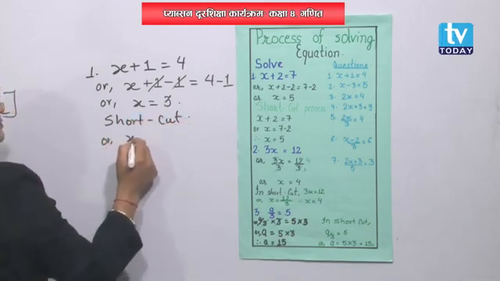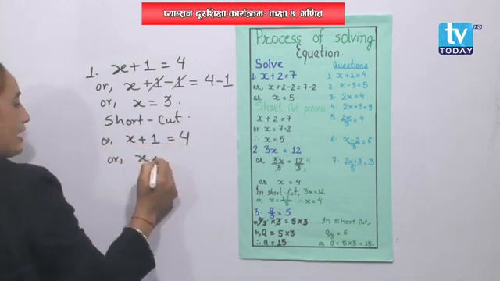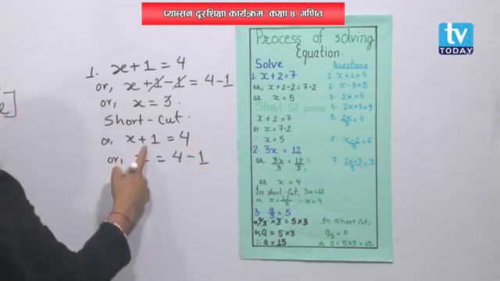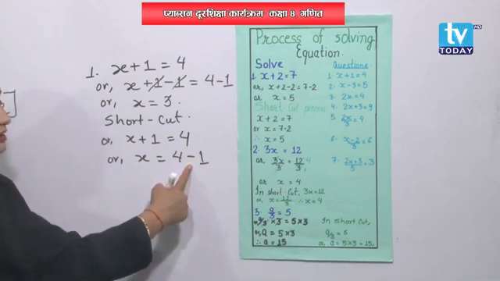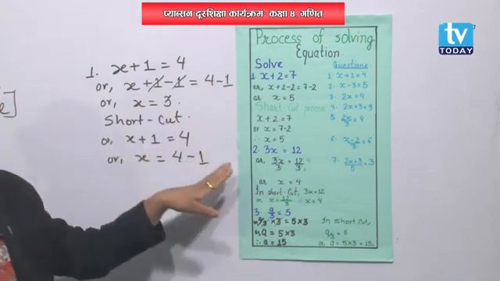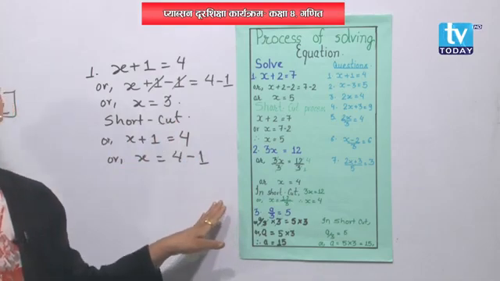while x plus 1 equals 4, you can write it when 1 goes to the back side, right? The plus sign will convert into a minus sign. Are you getting me? When you go from the left hand side to the right hand side, the plus sign will be converted into a minus sign.